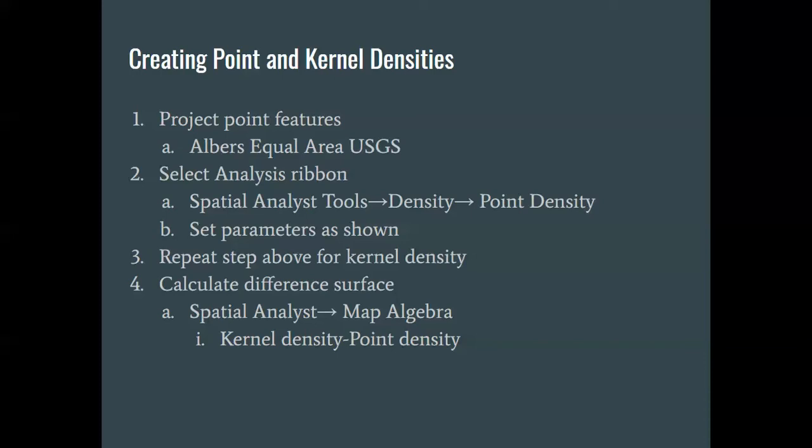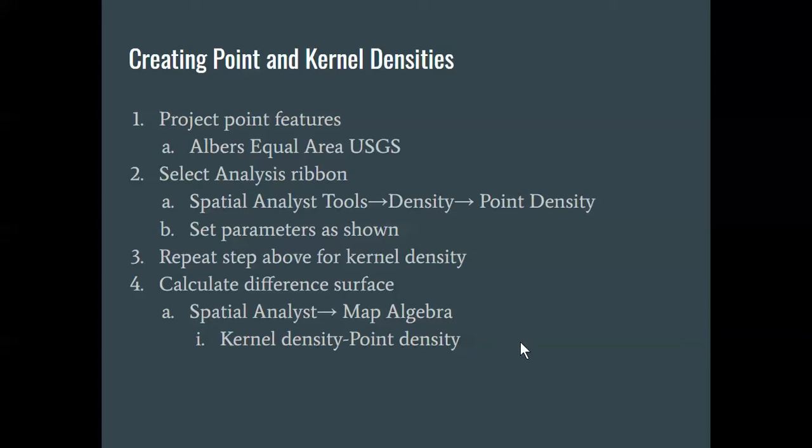Then we're going to do two different point analyses. The first, we're going to do a point density surface, and we're going to set the parameters, and I'll show you those in a moment. And then we're going to do the same set of parameters, but we're going to use a kernel density. And then finally, we're going to use map algebra to calculate how these two differ. Okay, so let's get started.